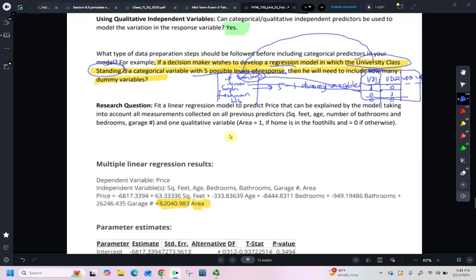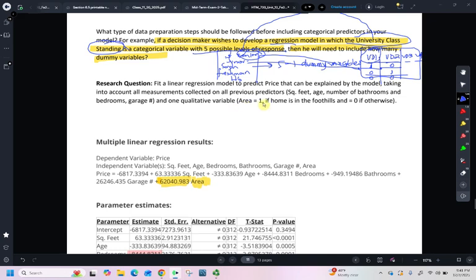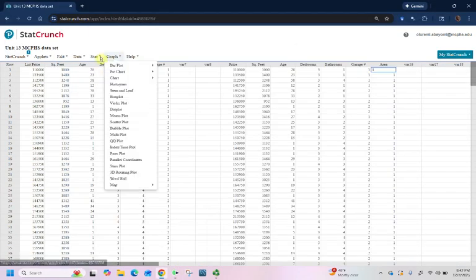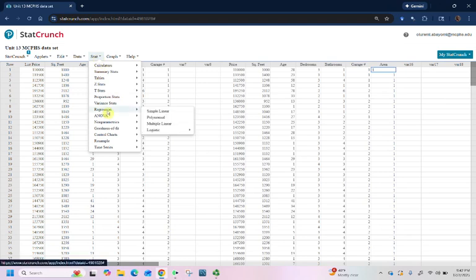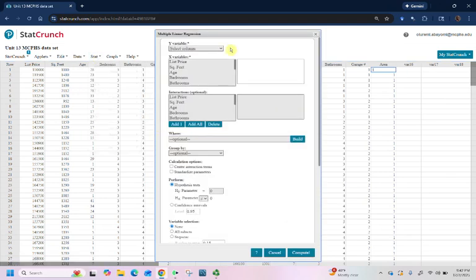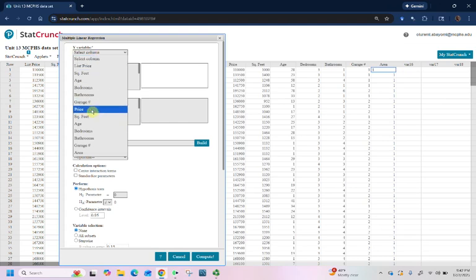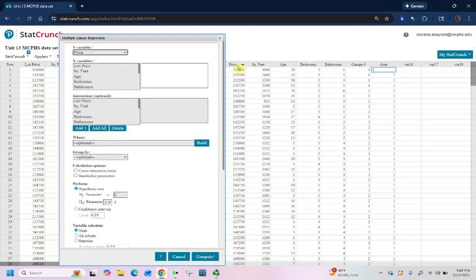In the example we have here, we're looking at area where it is equal to 1 and 0 otherwise. We only need one dummy variable, which we already have because 1 is already set for foothills and 0 for otherwise. So how do I include that in my model? I'll go to Statistics, Regression, Multiple Regression, and I have Price, that is this one right here.